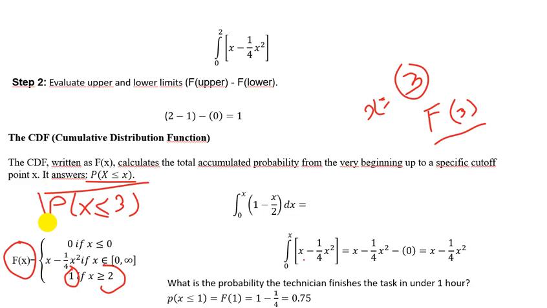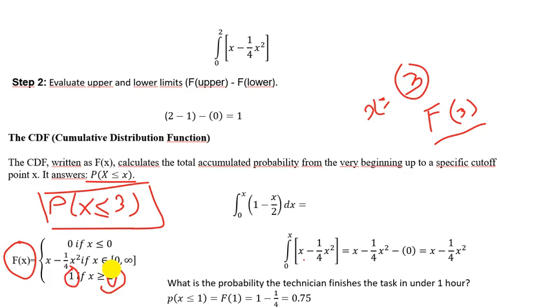So what is the probability that X is less or equal to 3? We know that it cannot exceed 2. We know it's not possible to exceed 2. So the probability that it takes less than 3 hours here is 100%. So anything above the limit here, which is 2, means it's 100%.